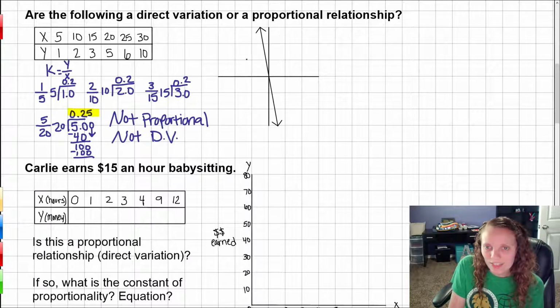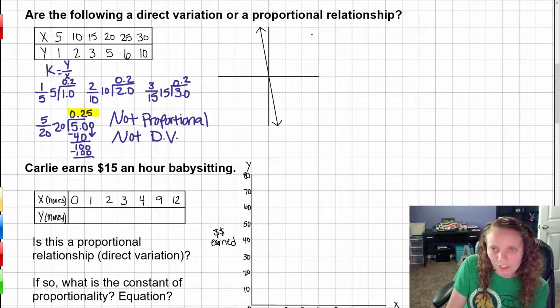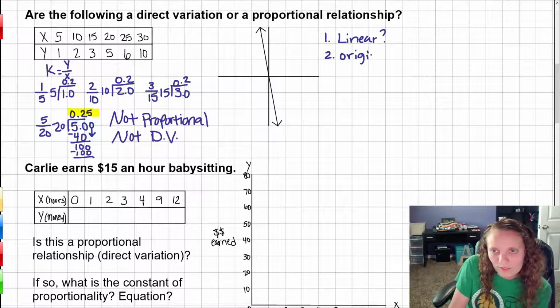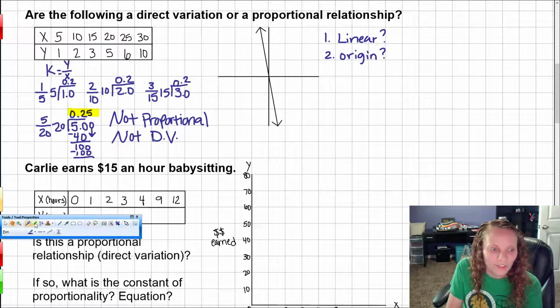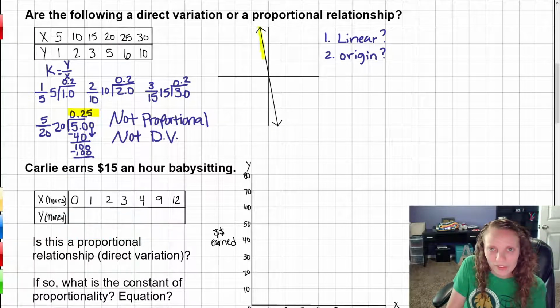Alright, is this next one a direct variation? First thing we ask ourselves, is it linear? And then we ask ourselves, does it go through the origin? Is it linear? Is it a straight line? Yes, this graph looks like a straight line to me.